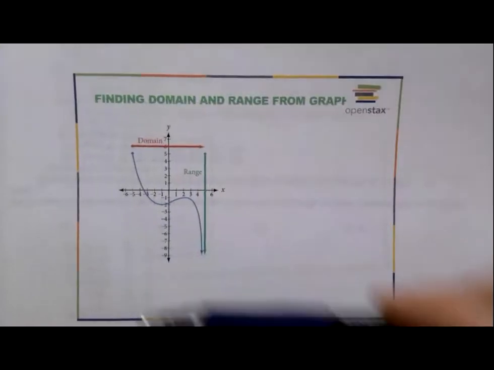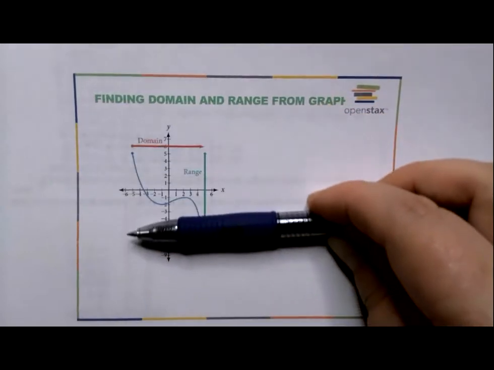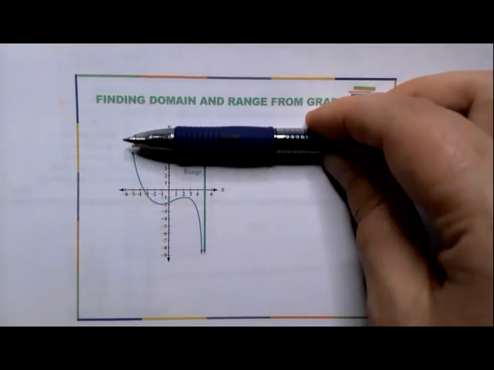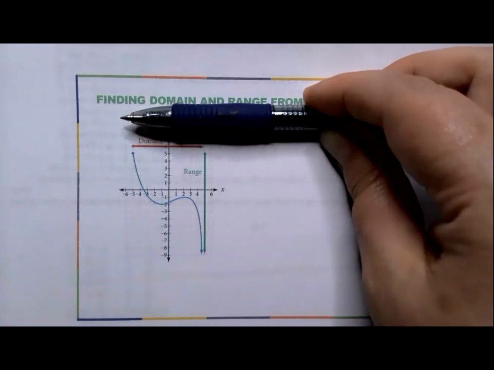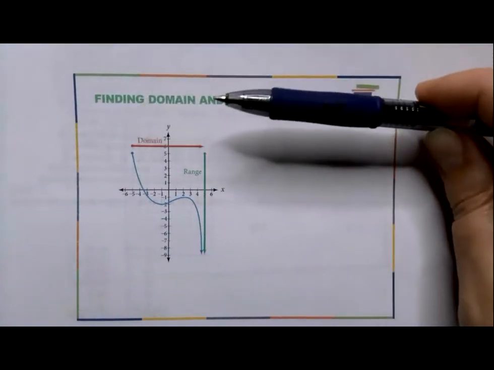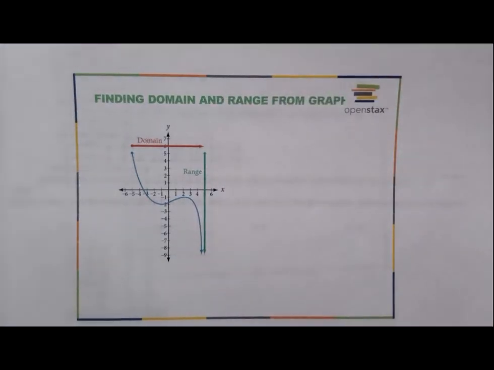And for the range, it's basically a vertical scan. So a vertical stretch of the function. How low does it go and how far up does it go? So that's your range.